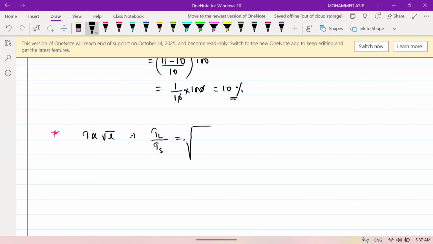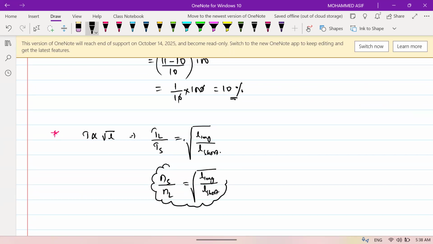This is under root of length of longer one divided by length of shorter one, or frequency of smaller oscillation divided by frequency of larger oscillation will be equal to under root of length of longer one divided by length of short one. So this will be the relation.